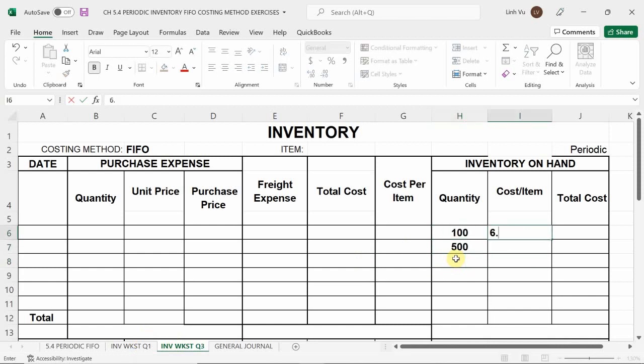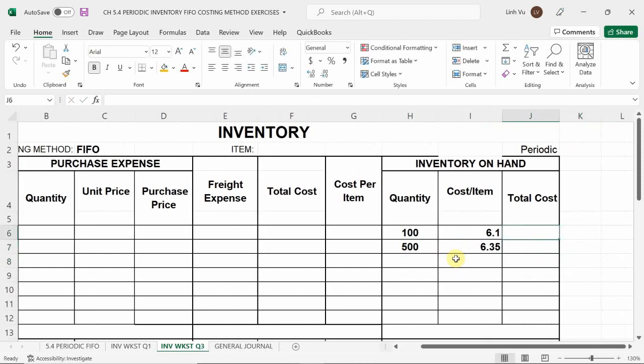This was $6.10 and I think this was $6.35. Okay. So let's see. So I carry that information over.